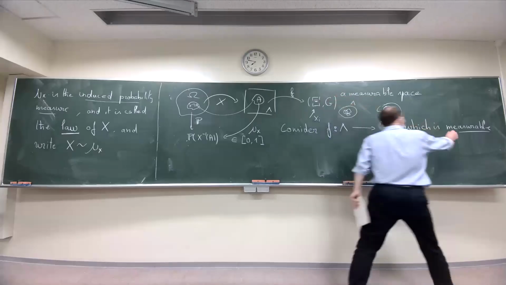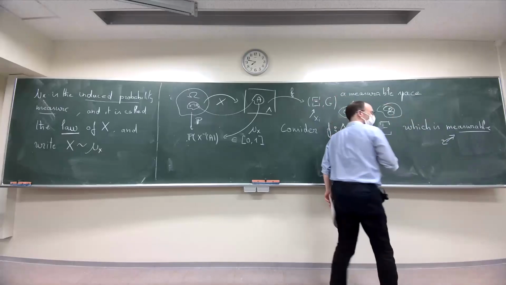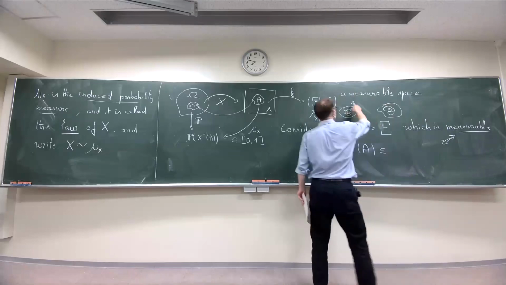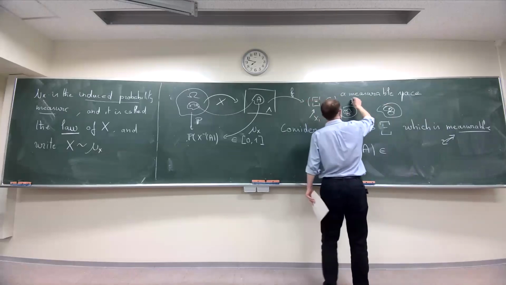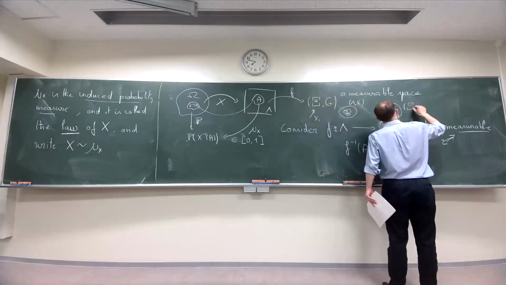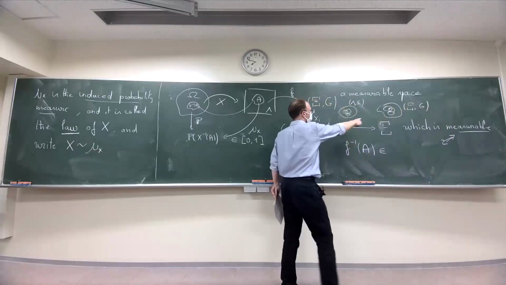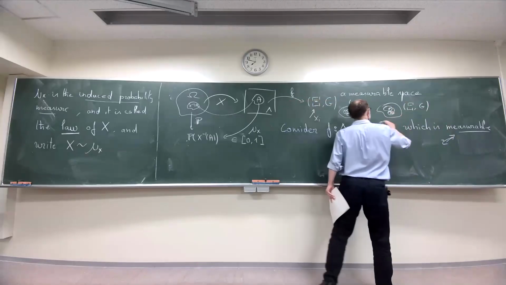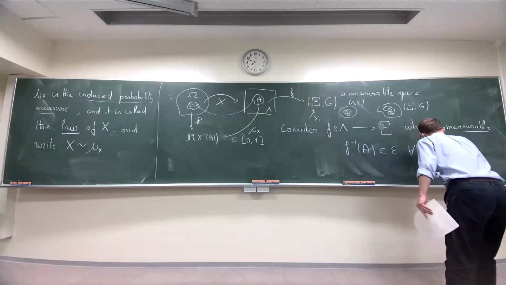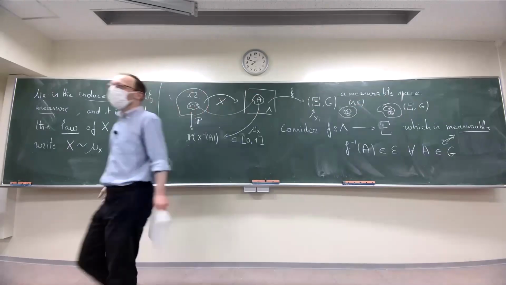So measurable means f minus 1 of A belongs to this family for any A inside the family G. And this is exactly what we have already done.